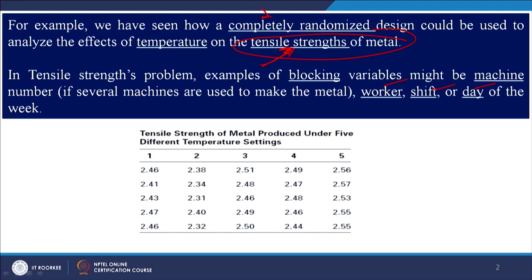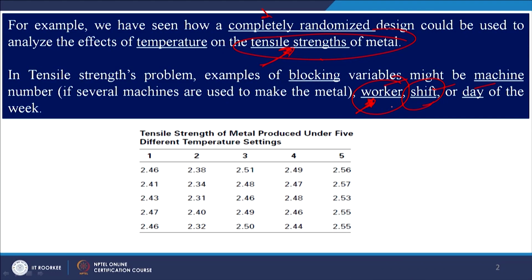These are some of the examples of blocking or confounding variables, and we need to block all these. Suppose we block, let us say, the worker, when I say worker I mean the skill set a worker possesses. So, if we take the worker and block this skill set, we will have workers of different skill sets and different temperatures, and then we will measure tensile strength.